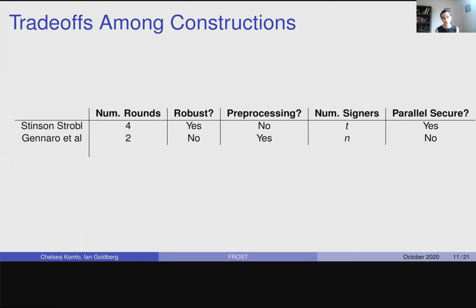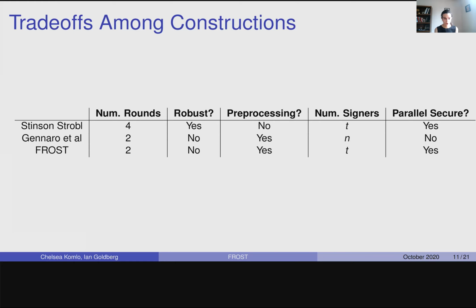It does allow for pre-processing, so one of these rounds can be batched. So then it only requires 1 round during signing. However, the scheme requires all N participants to cooperate in order to issue a signature, and it's not secure in this parallelized setting. And so Frost sits in the middle.